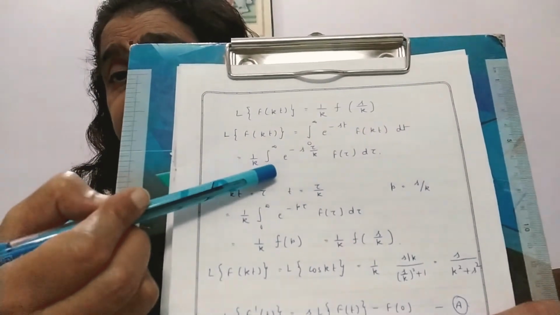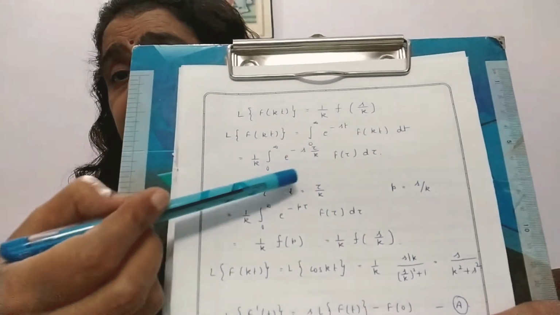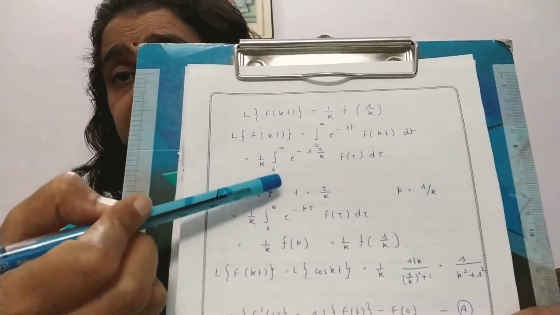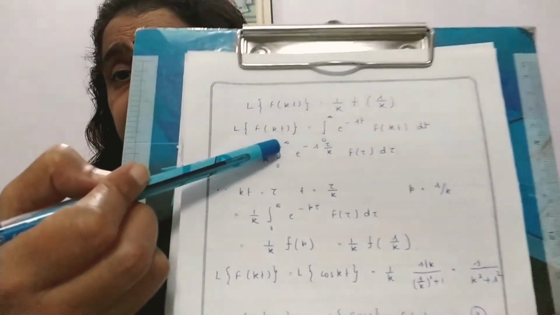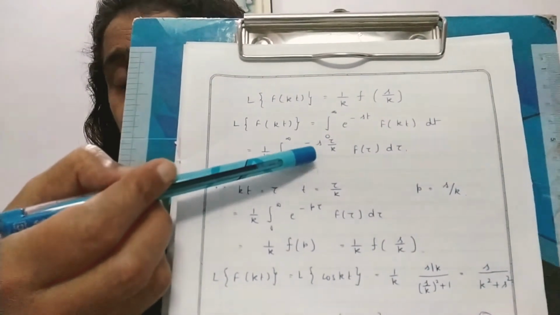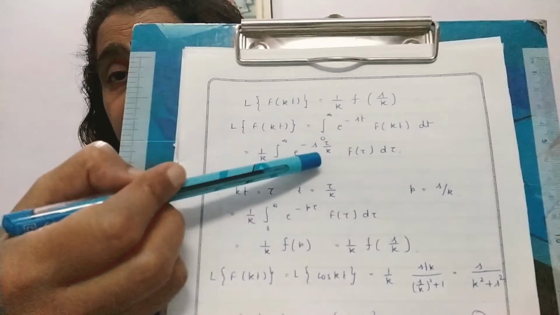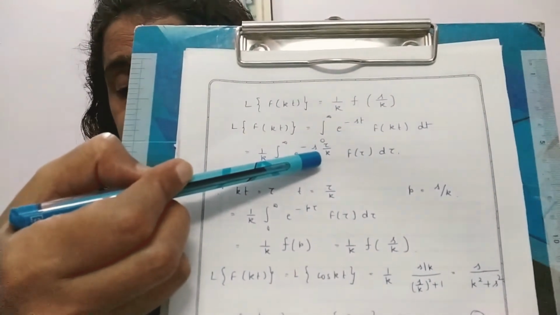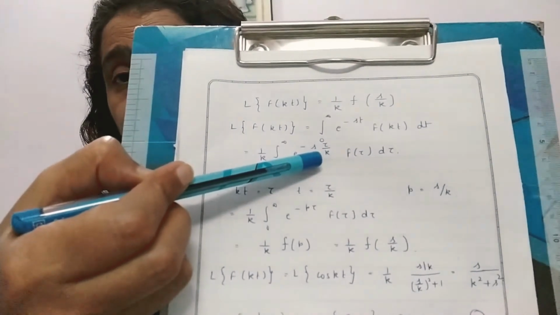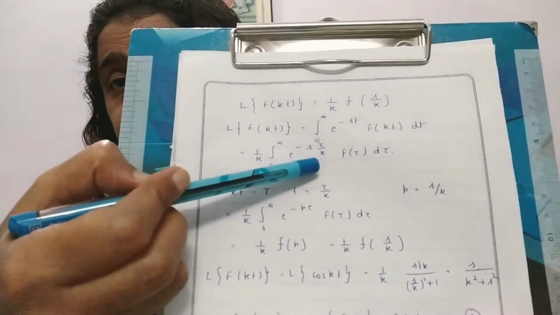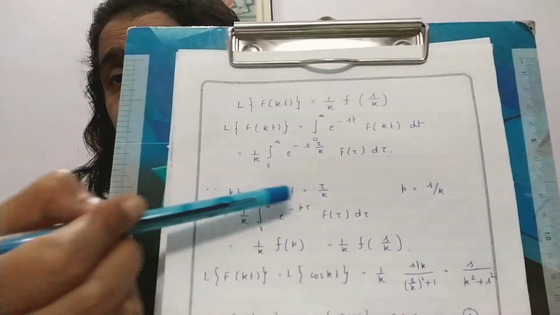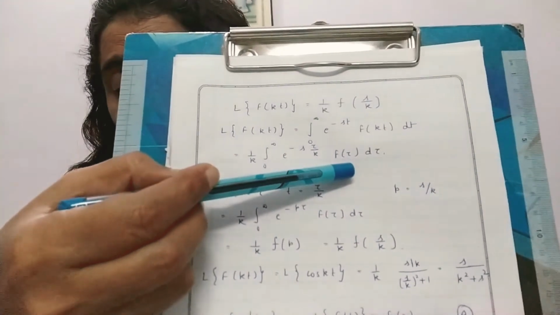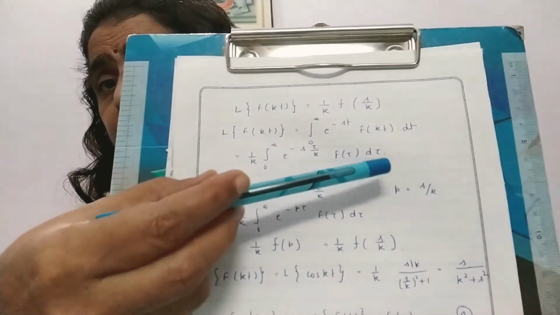So this right hand side will be equal to, we will take 1 upon k outside first, and integration from 0 to infinity, exponential of minus s tau upon k, by simple substitution from these quantities, into f of tau into d tau.